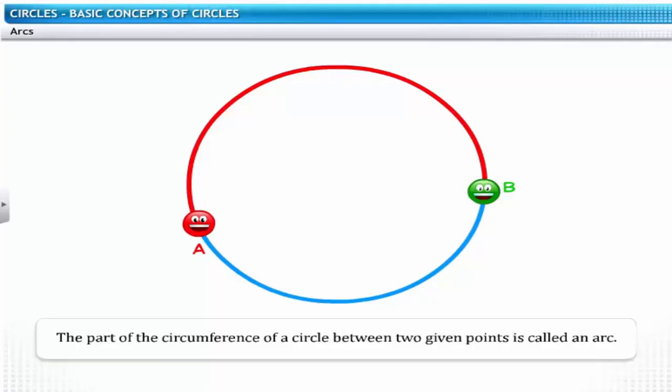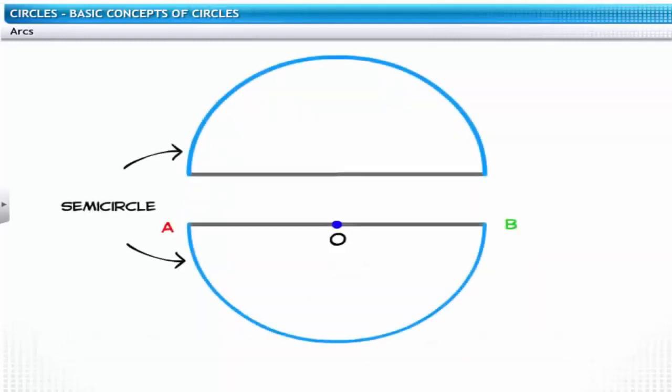Now, is there only one way to move from A to B along the circle? Actually, there are two. You can either take the longer path called the major arc or the shorter path called the minor arc. As mentioned earlier, a diameter divides the circle into two equal arcs called semicircles.